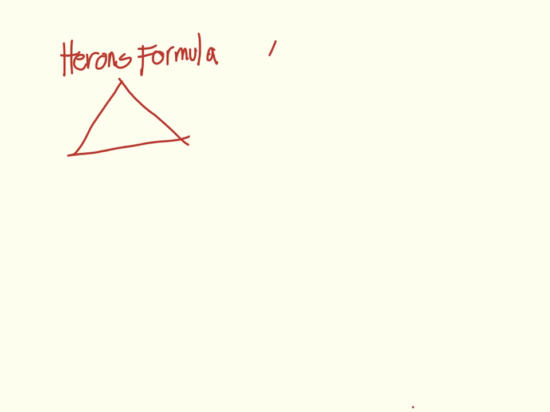Okay, so Heron's formula is for finding out the area of a triangle that is not right angled.